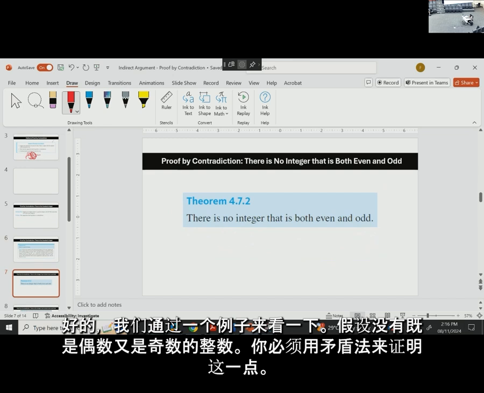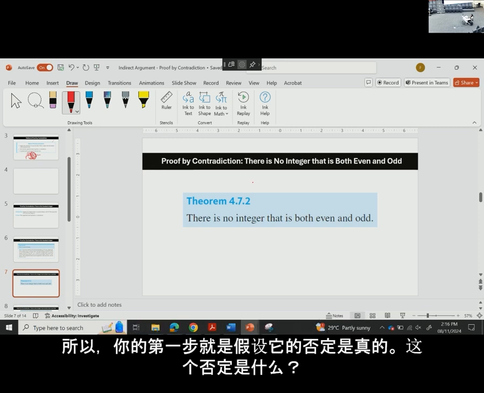Let's say a statement that there is no integer that is both even and odd. You have to prove it by the method of contradiction. So your first step will be that you suppose its negation to be true.